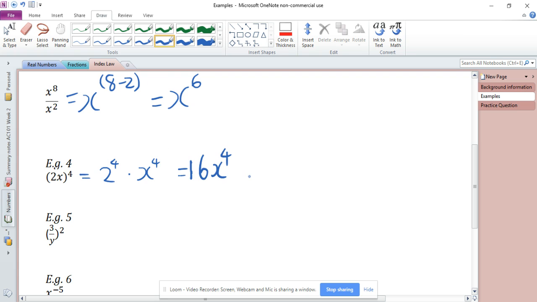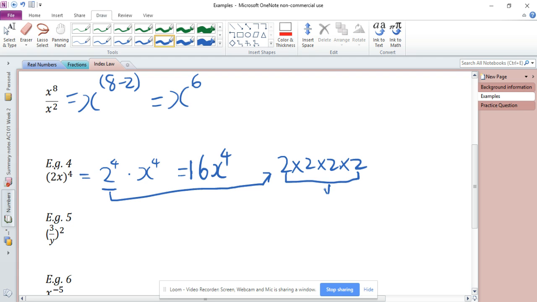So 16 x power 4, done. In case you don't know what 2 power 4 is, it's 2 times 2 times 2 times 2, 4 times. So that's why it's 2 power of 4.